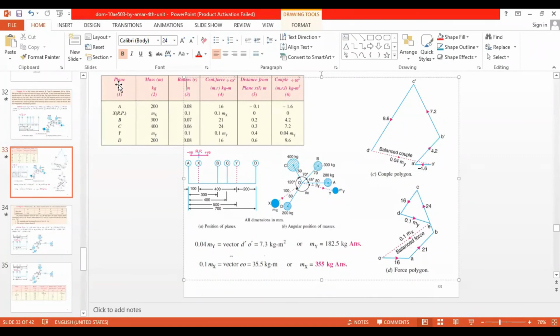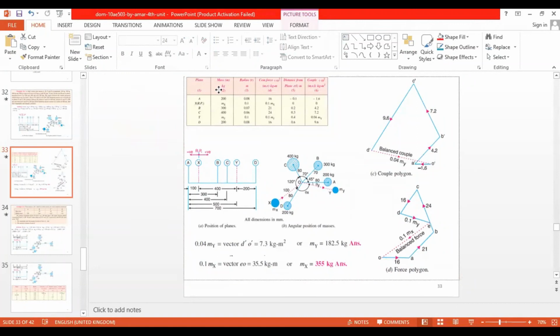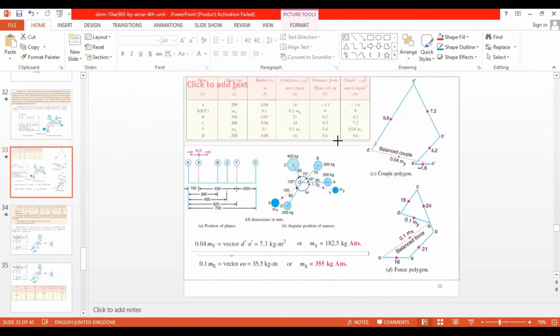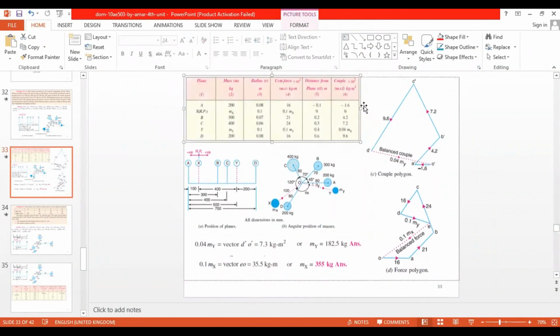So the things you need to consider while doing this kind of sums: draw the table first, and then look for the least number of unknowns, whether the coupled polygon or the force polygon consists of the least number of unknowns.